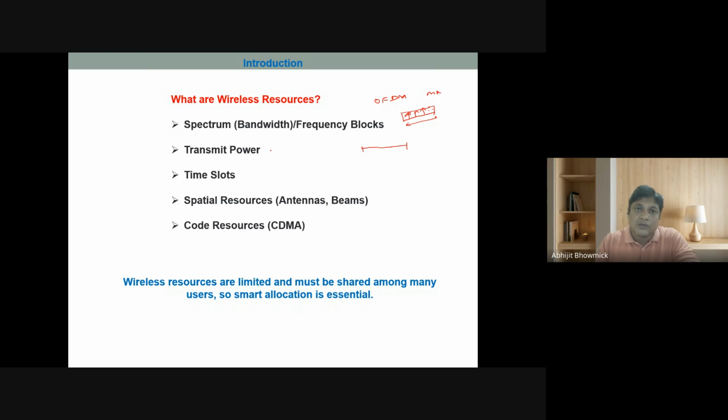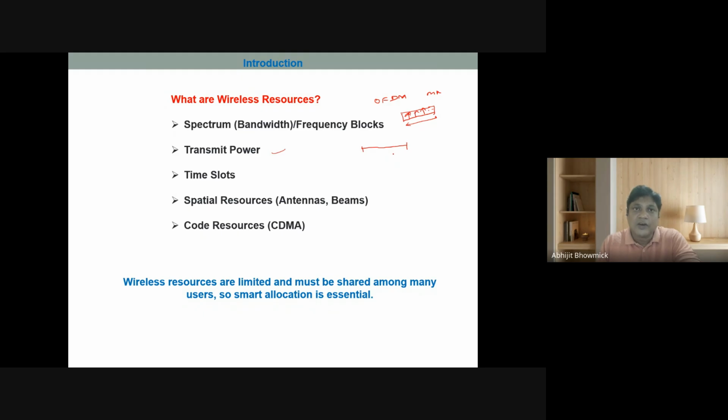If we think from transmit power, when a signal is transmitted from a transmitter to a receiver, the transmitter transmits the information with some power. If it is a single user, no problem. If there are multiple users, then there is a problem. Say, out of m users, if one of them transmits with high power, its transmission may create interference to the other m minus 1 users.